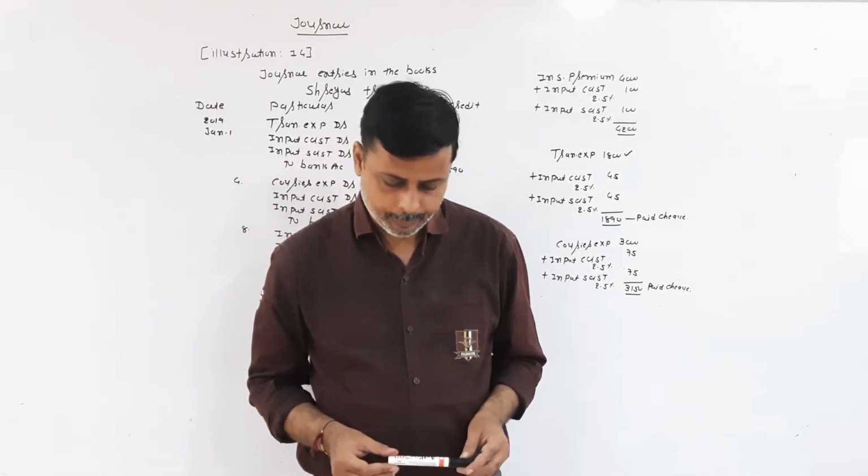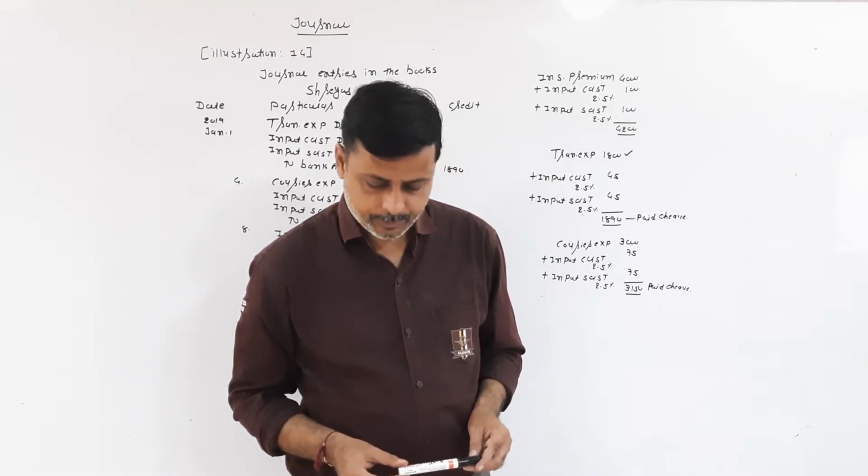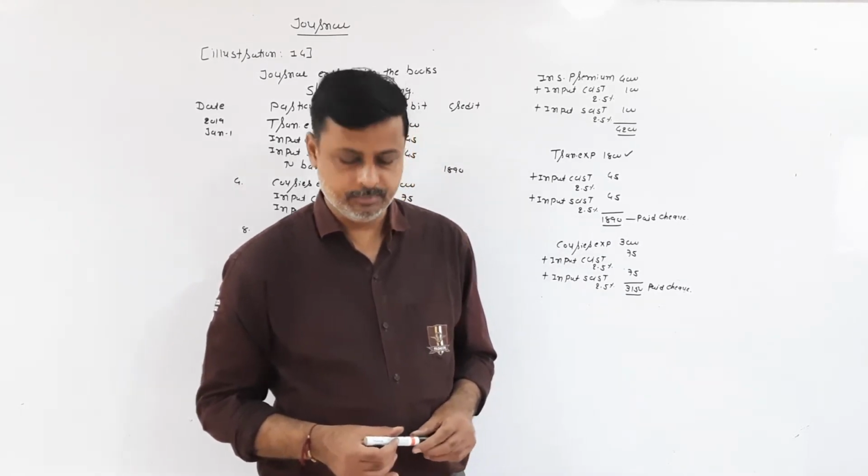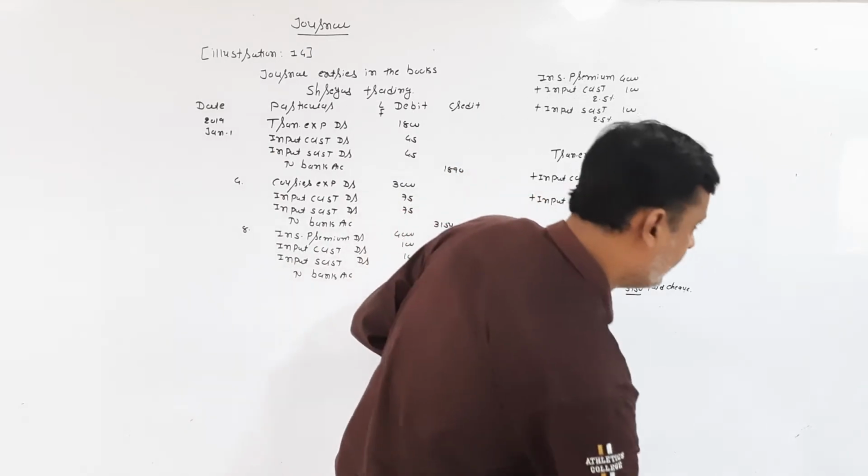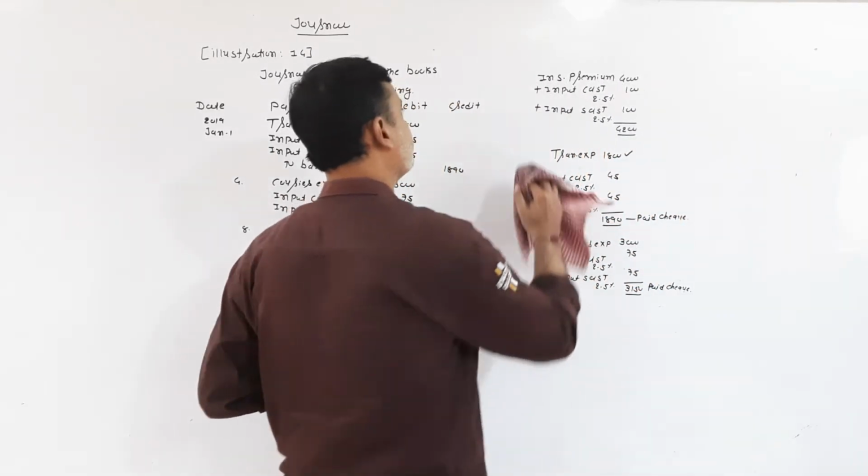Number 10, advertisement expense paid by check 6,000. So here advertisement expense is given 6,000.